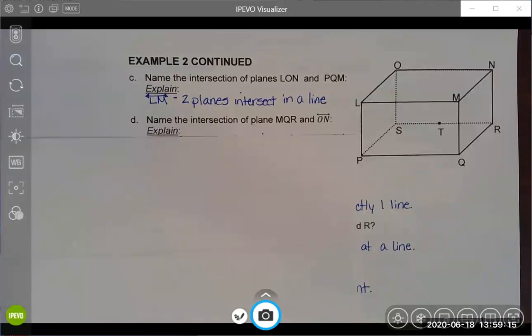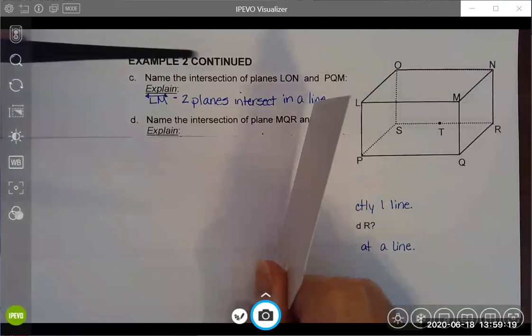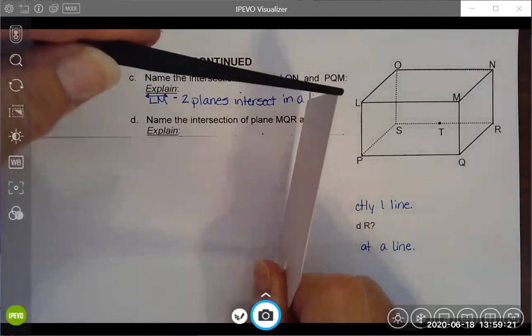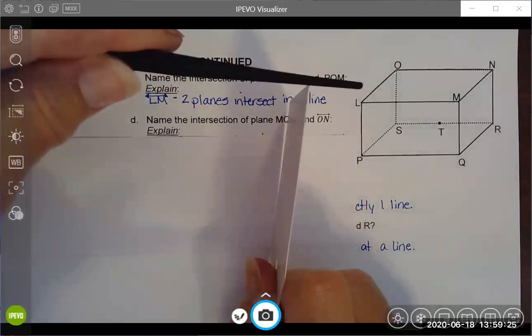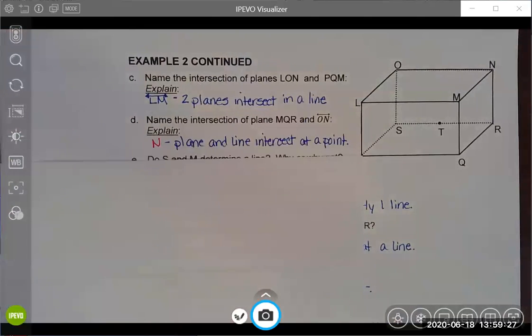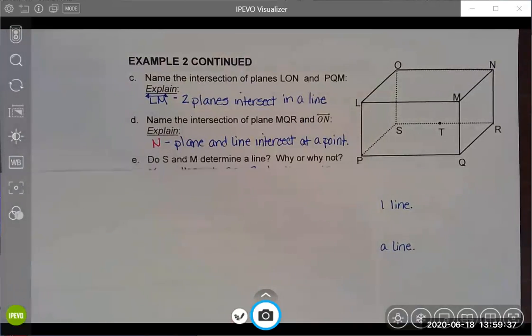So if I use my goofy representation, here is the right-hand side. And then if I use a line, I'll notice that they really are only going to touch at one spot. A plane and a line intersect at a point. So I am naming the intersection, and that is point N.